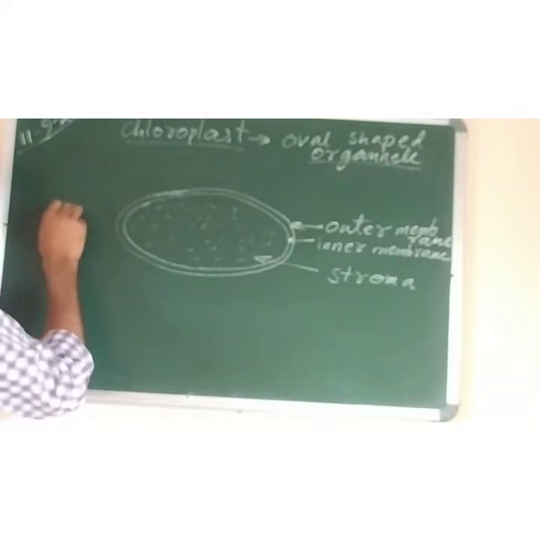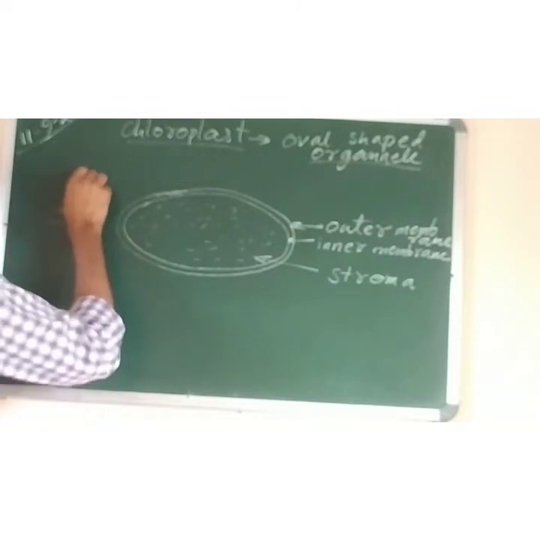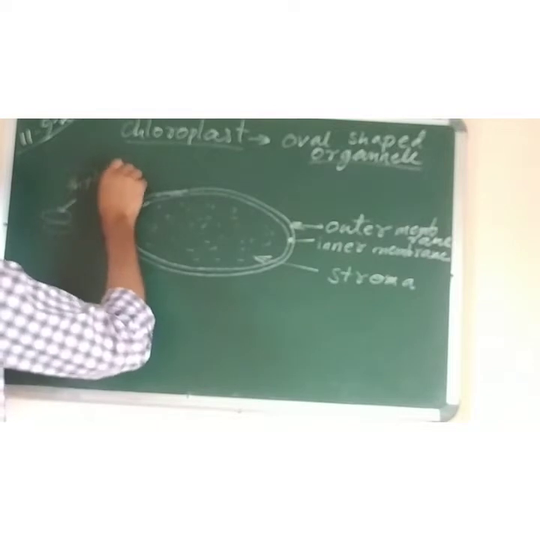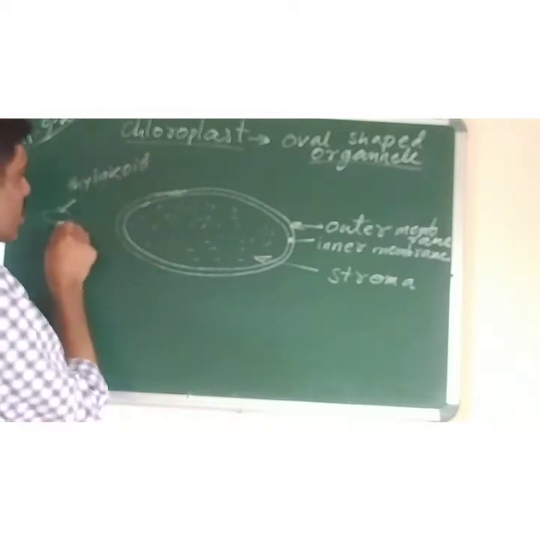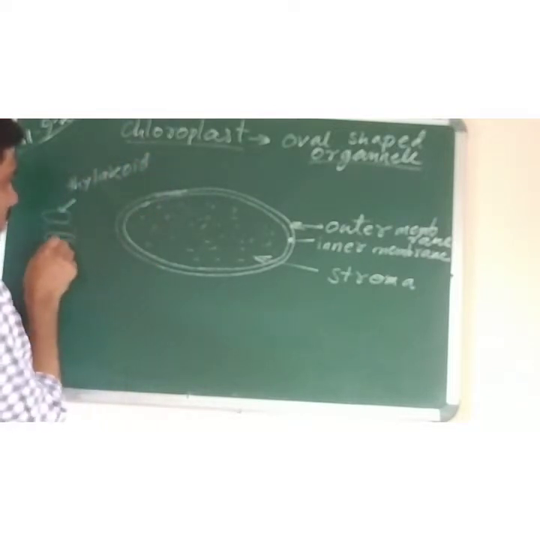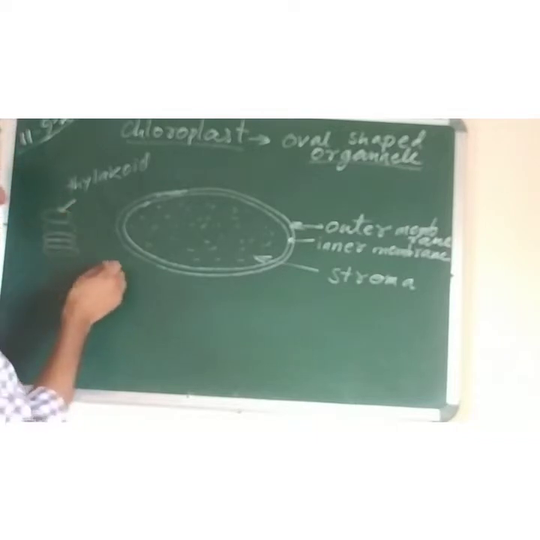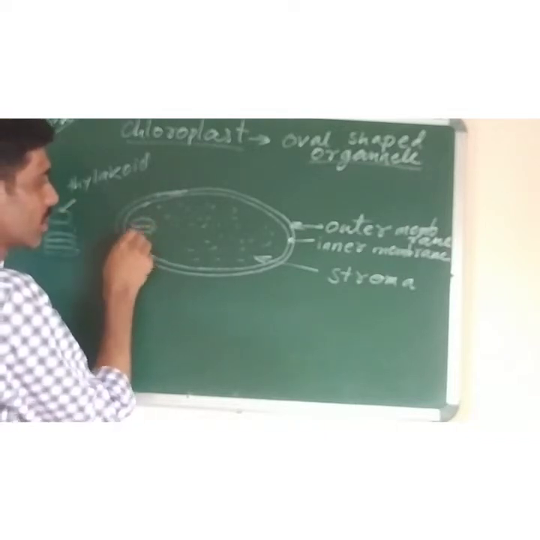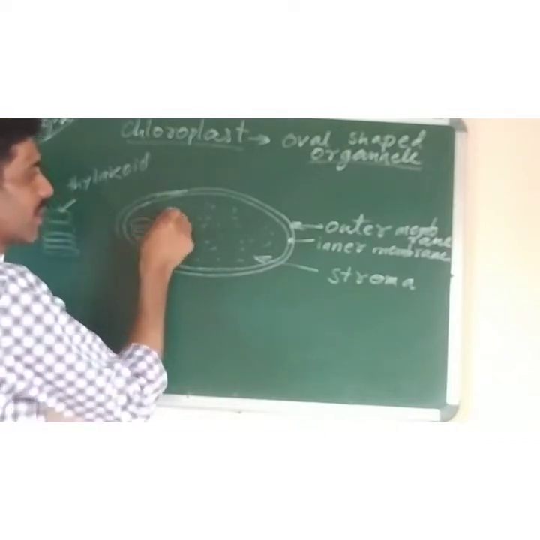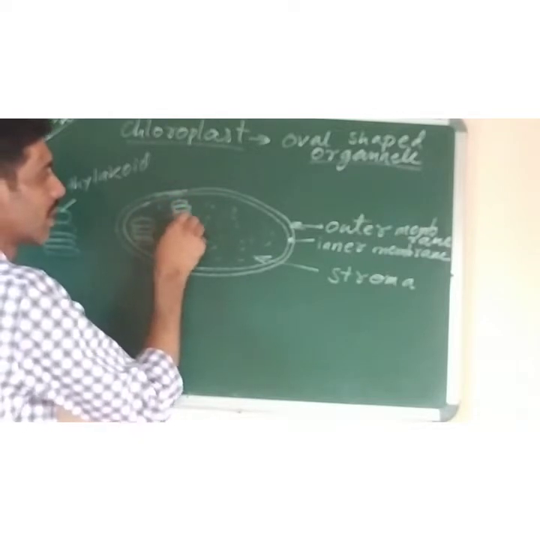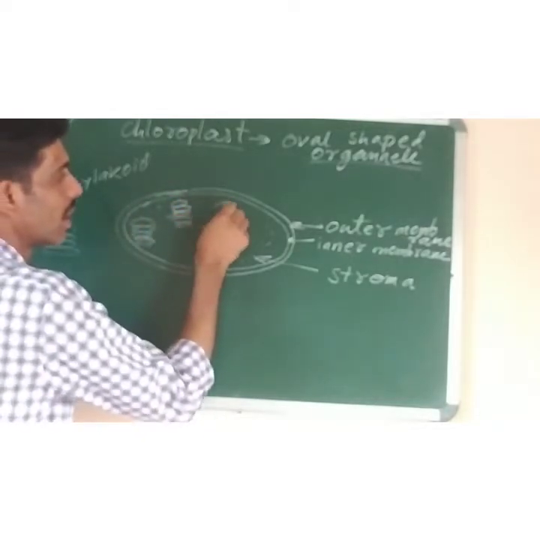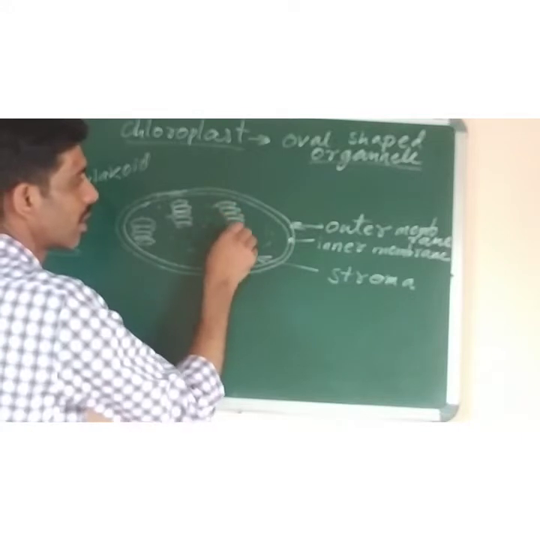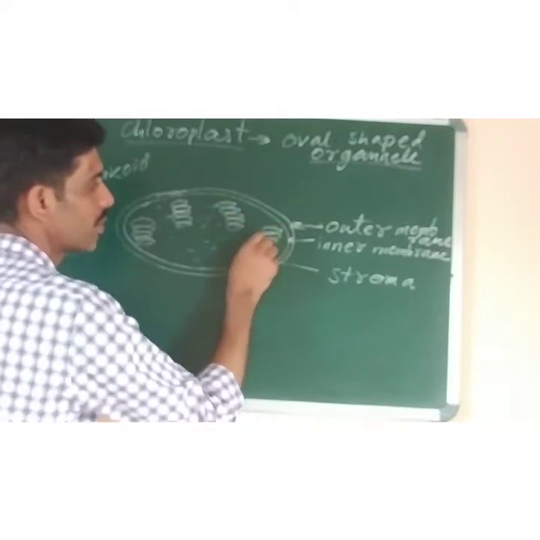So one of them is called thylakoid. T-H-Y-L-A-K-O-I-D, thylakoids. So here I will draw all these granules like this, in which many thylakoids are arranged. So like this, 1, 2, 3, 4, 5, here also. Here also I will draw one more.